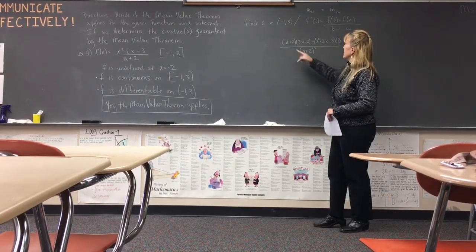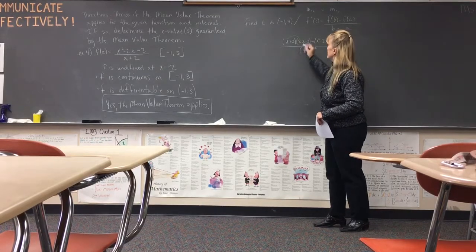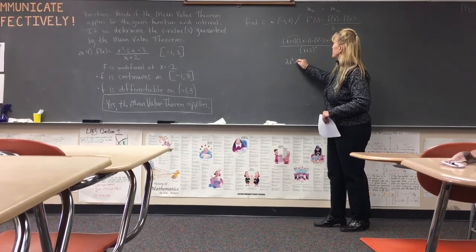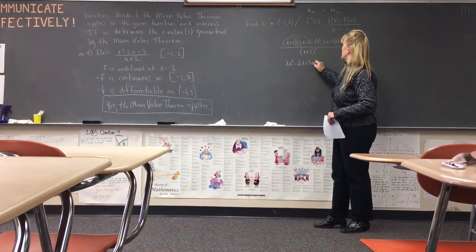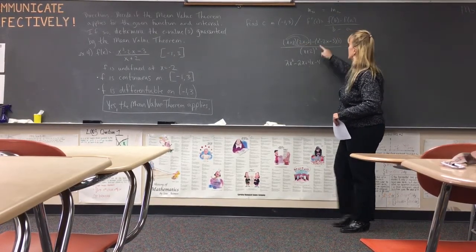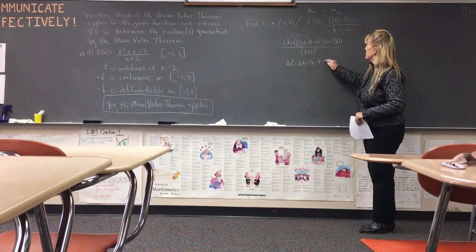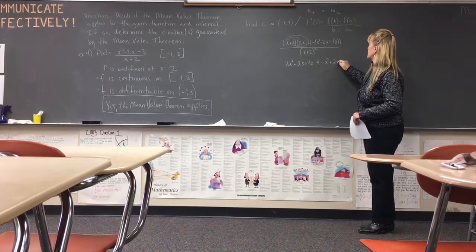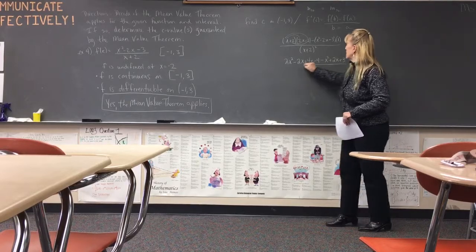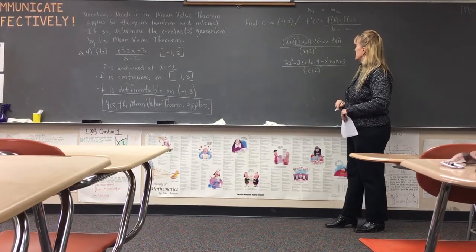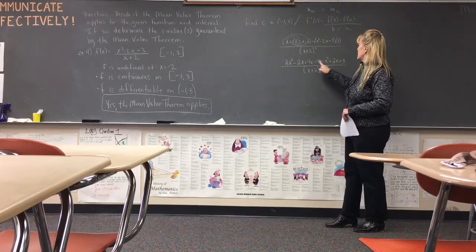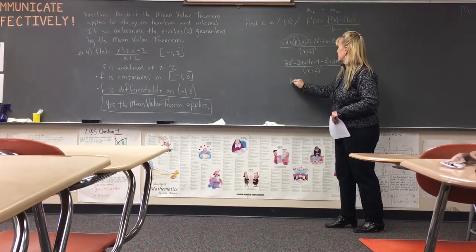And we're going to make this nice by simplifying it out a little bit. We're looking at 2x squared minus 2x plus 4x minus 4. And I'll distribute this negative as I go through. Minus x squared, plus 2x, plus 3, all over x plus 2, quantity squared. I have a 2x squared minus an x squared, which gives me 1x squared.